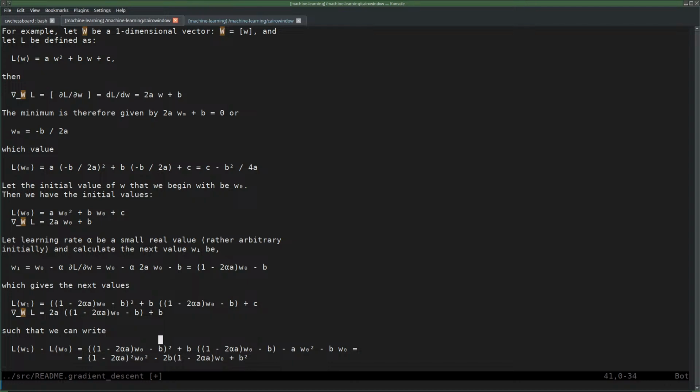That squared plus b squared minus 2 times b times the first thing. Yep. And then this one is almost the same thing, plus b times this times w0, minus b squared.